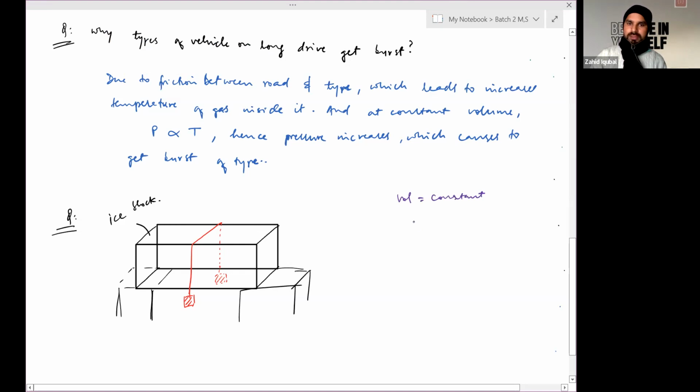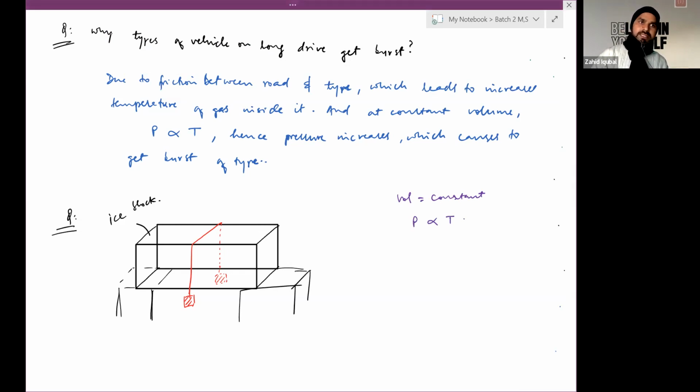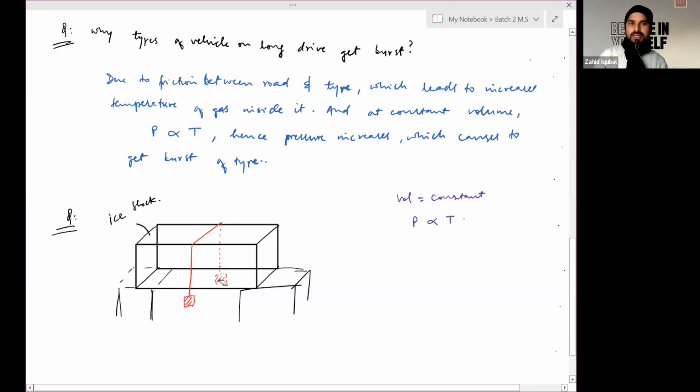At constant volume, pressure and temperature are directly proportional to each other. So these small blocks provided at its ends will be responsible for increasing the pressure of this string over this ice block. On increasing pressure, the temperature just behind it increases, which will lead to a change in state of ice from ice to water. So there will be some melting just behind it. Is it clear? Yes, sir.